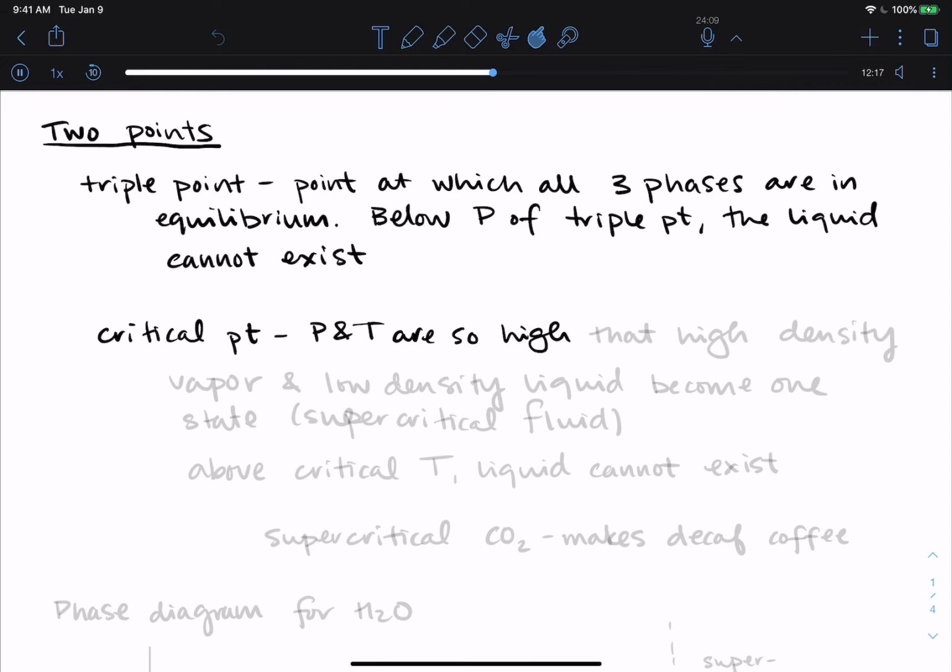What you have is high density vapor and low density liquid, and they become one state.